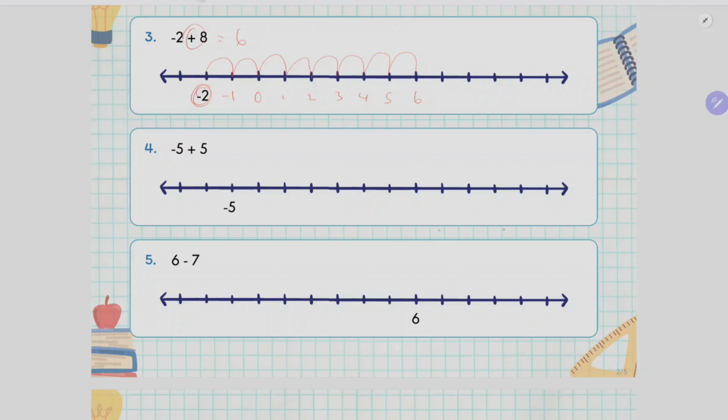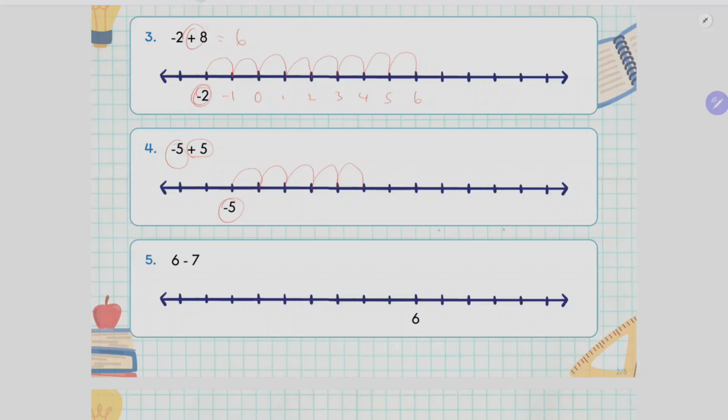Let's go on to the next one. Now this is a very interesting one. It's -5 plus 5. Let's give this one a go. So we start at -5 here and we move 5 to the right. So 1, 2, 3, 4, 5.